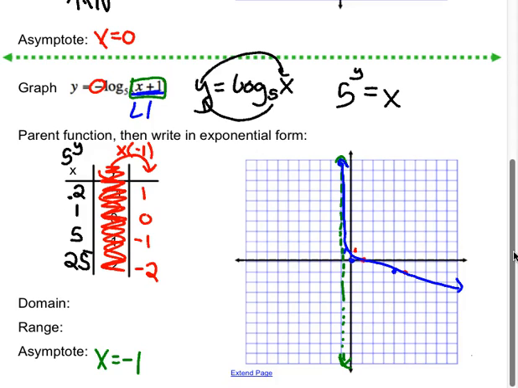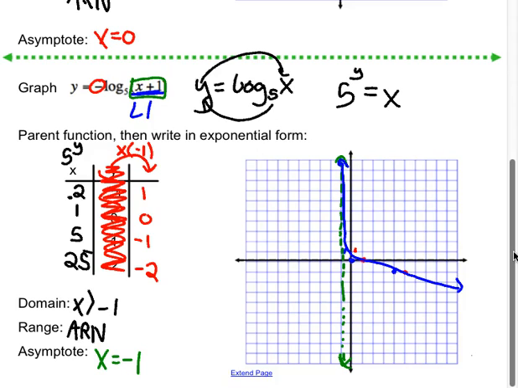The range is always all real numbers, because we're picking any y to calculate x. The domain, you always compare to the asymptote, and all of the x values are to the right, so that makes them greater than that -1.